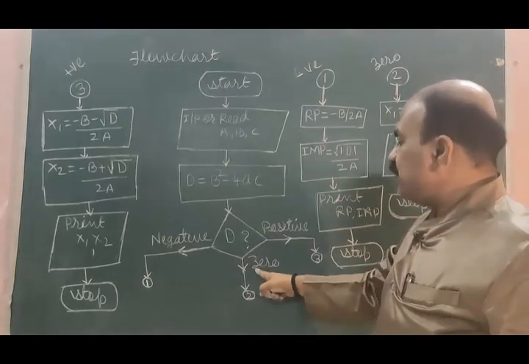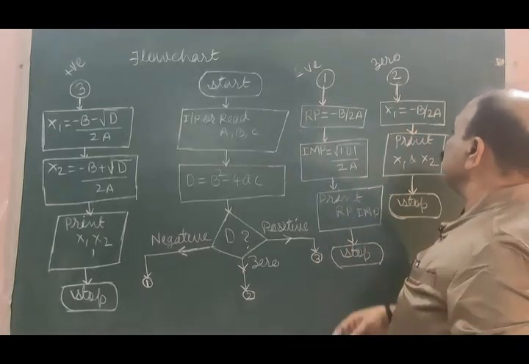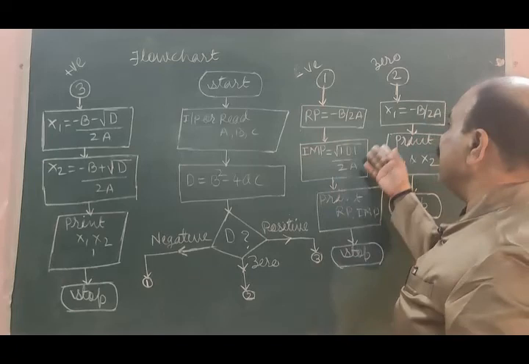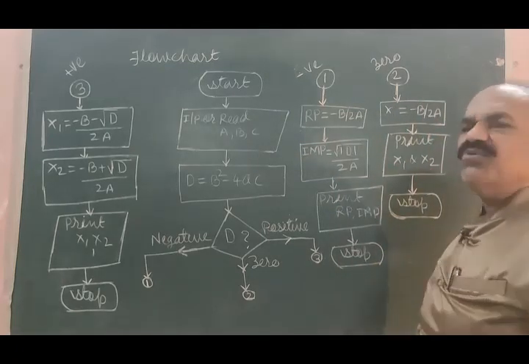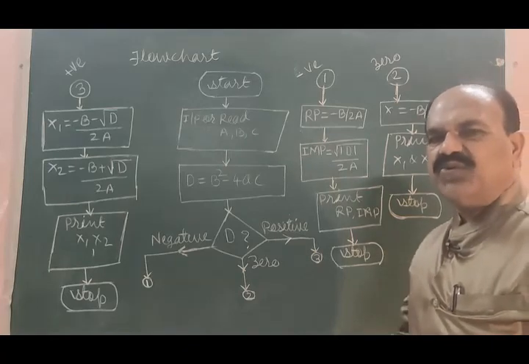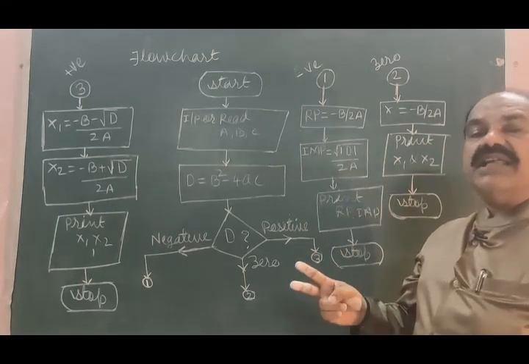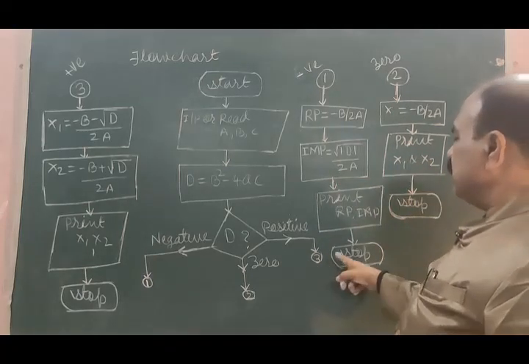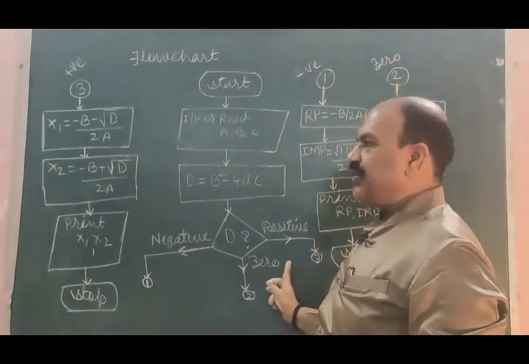Here value of D is 0. As D is 0, the two roots are real and equal, given by x equal to minus b divided by 2a. Two roots will be there, call x1 and x2. These are real and equal roots. Print them and stop.